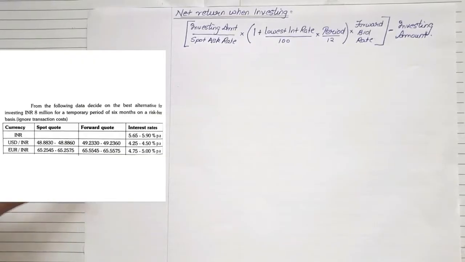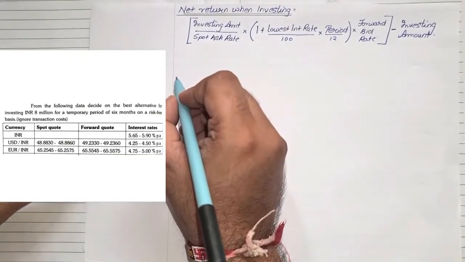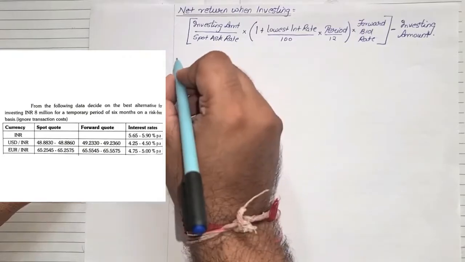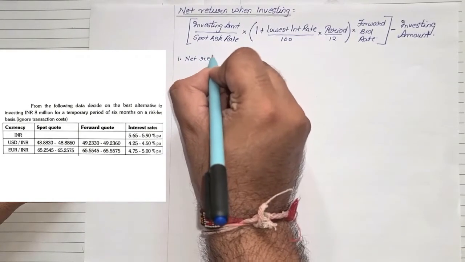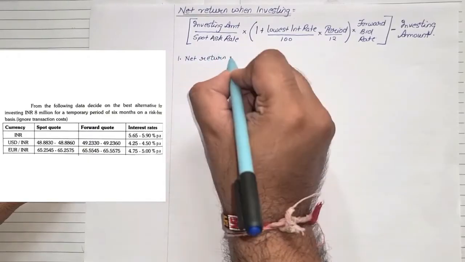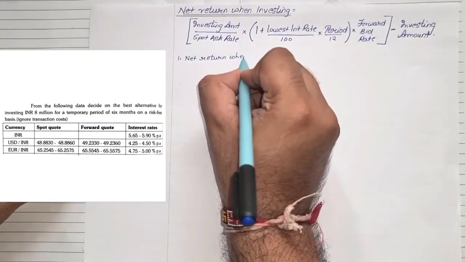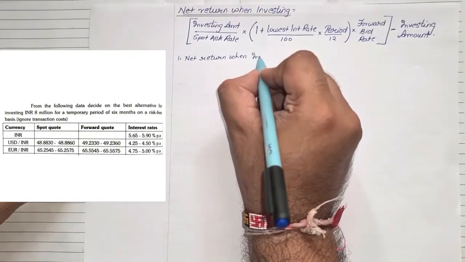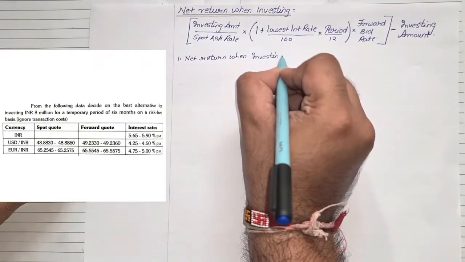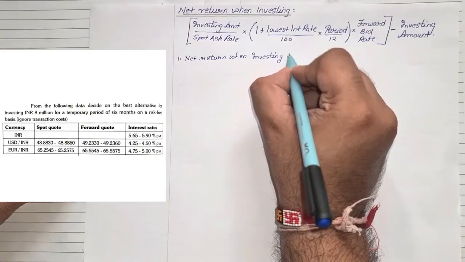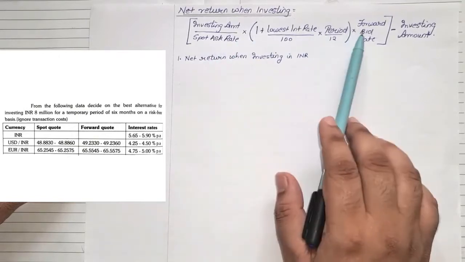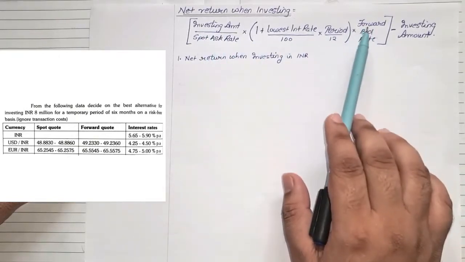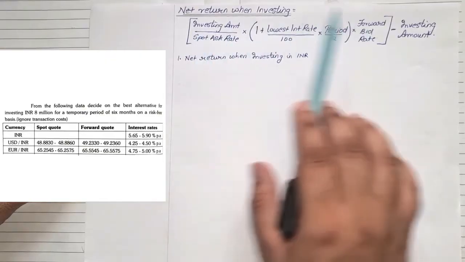The very first currency they have given you is INR. So I'll write here number 1, net return when investing in INR. Now remember one thing, whenever you're investing in Indian rupees, you will never have an ask and the forward rate. The formula remains the same, but there won't be any spot and forward rate.